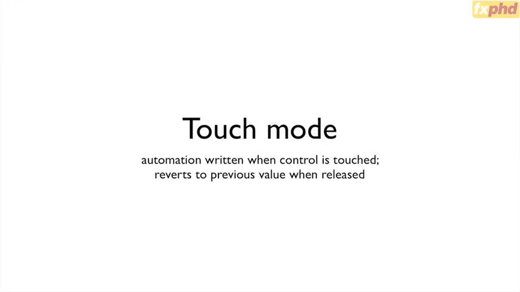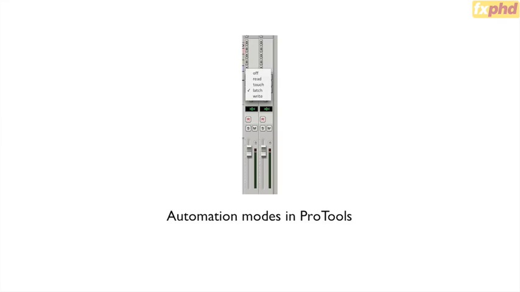And then you have touch mode. In touch mode, any movements you make will be recorded and will override any existing data. And that will continue to happen until you release the control. When you do release that control and you're in touch mode, the control will return to the value it was at previously before you started recording the automation.